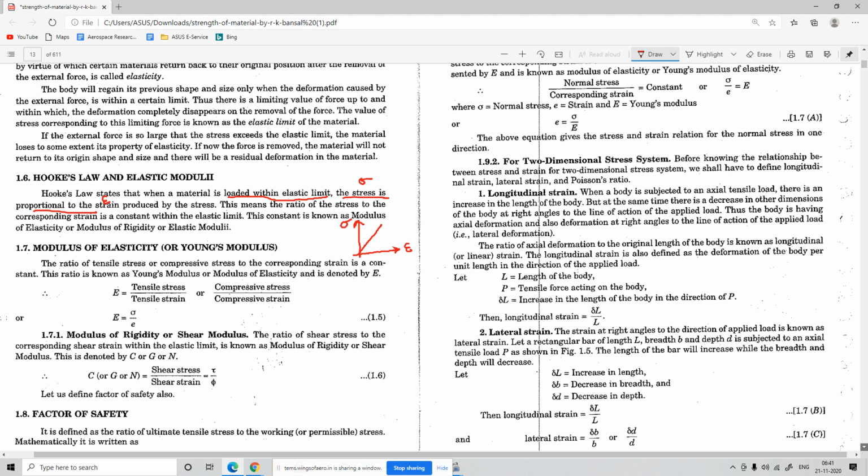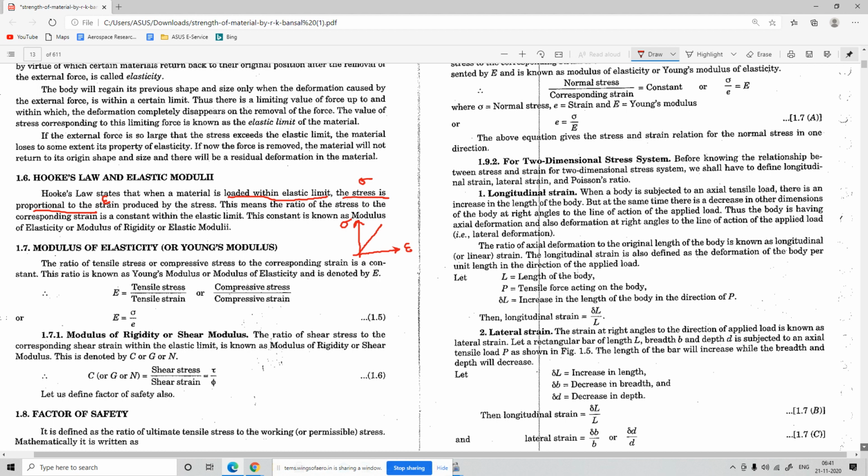Now within this particular zone, whenever a load is released, the body will regain its original size and shape. It won't deform.